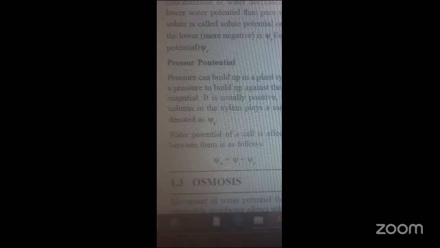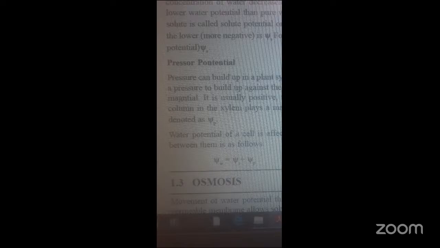Osmosis is important as it facilitates absorption of water. Cell-to-cell movement of water is also affected by osmosis. It improves the resistance to water stress. It controls the opening and closing of stomata, and the dehiscence of sporangia also happens with the help of osmosis.